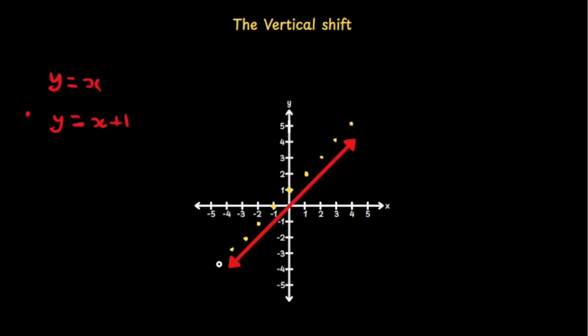Negative 5 plus 1 is negative 4. And now we see that we have obtained the points for this new function. So by joining them together and drawing in the function, we can now analyze this new function that we have created.